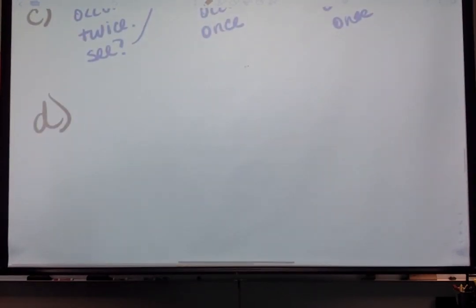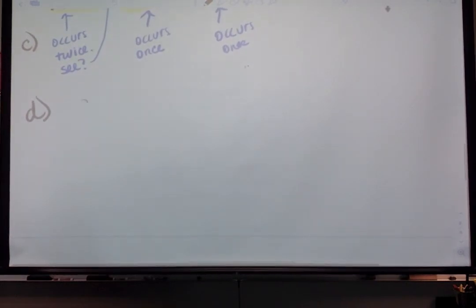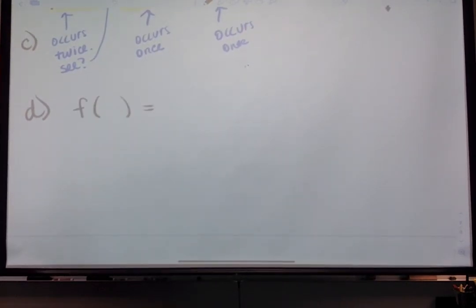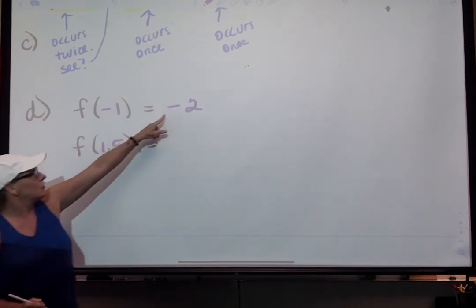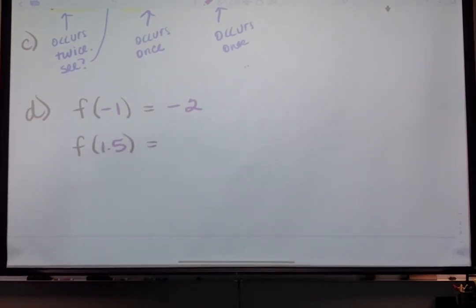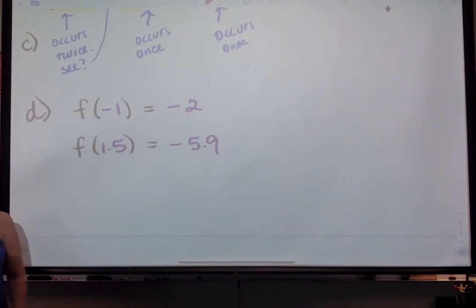So part D says sub in values, and I chose -1, halfway on the left side, and 1.5, halfway on the right side. I sub those in and I get a y value of -2 by subbing that in, and -5.9 or so by subbing this in.